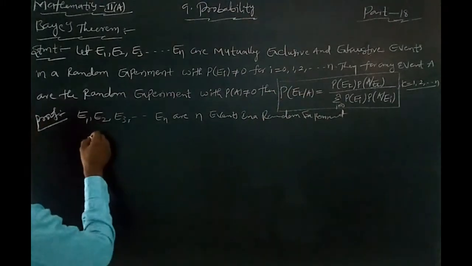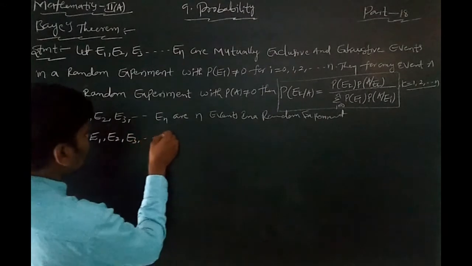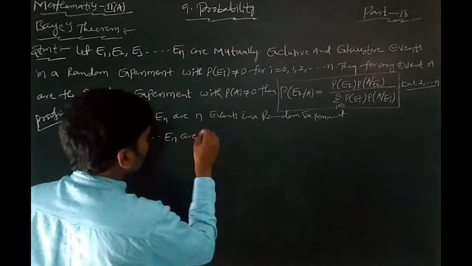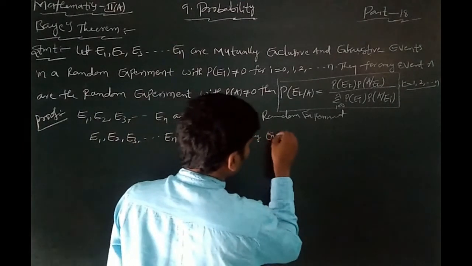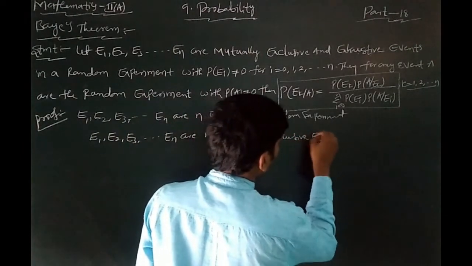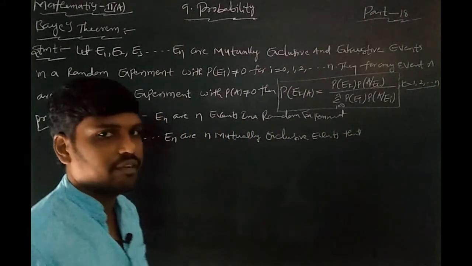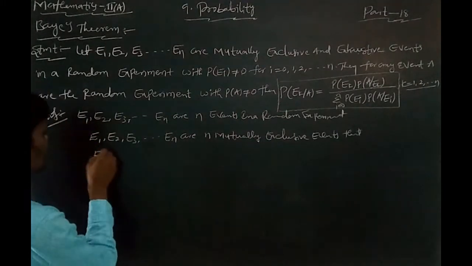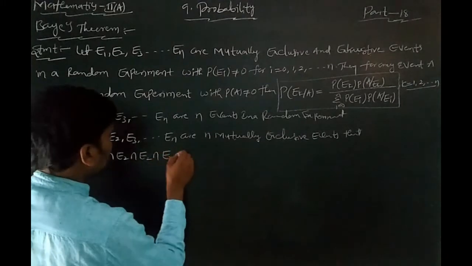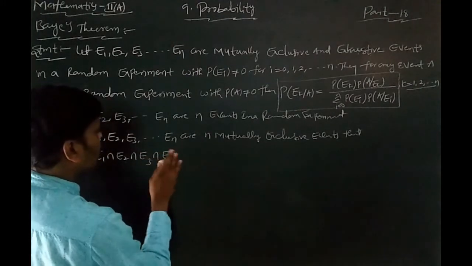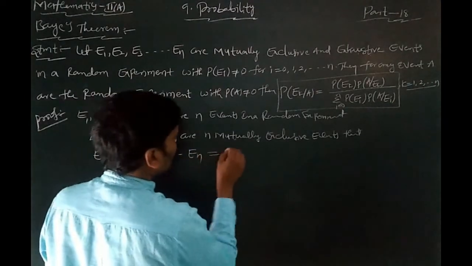That's why you can write here E1, E2, E3, En are n mutually exclusive events. Then E1 intersection E2 intersection E3 and so on up to En is equal to phi.